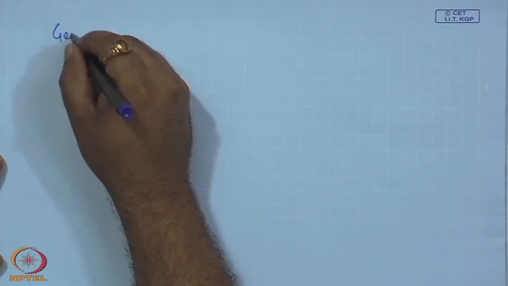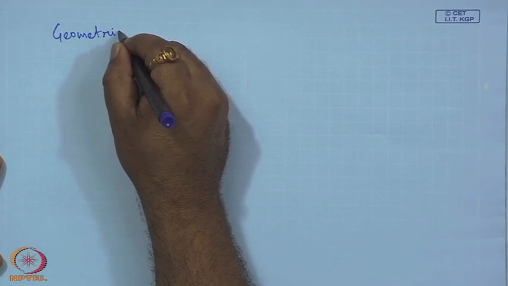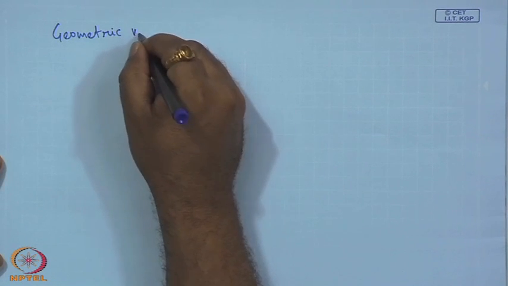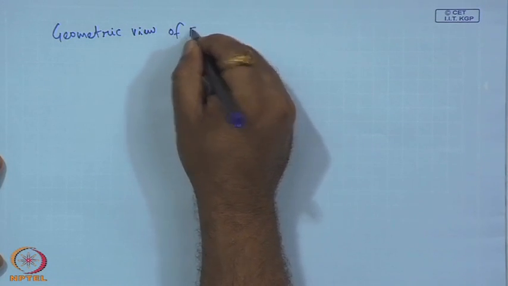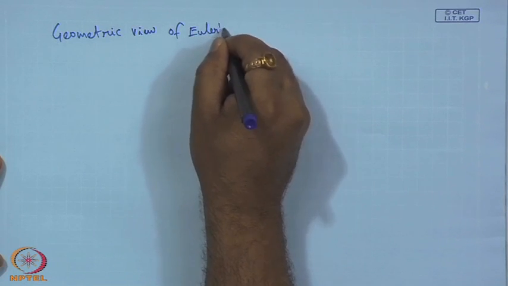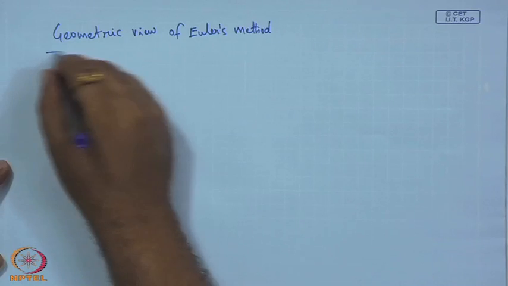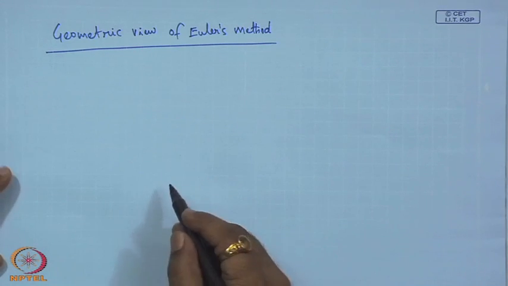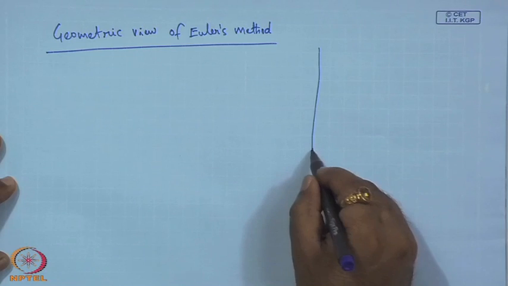Better approximations. Before we go, in order to go for better approximations, we should know the interpretation. So, the geometric view of this would give a hint for our generalization.